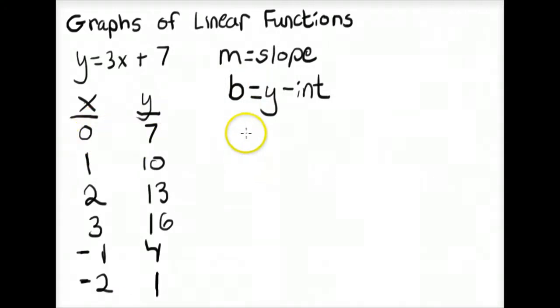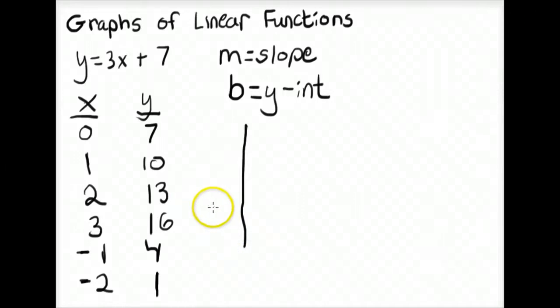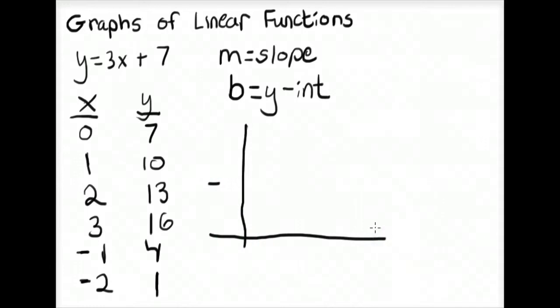And when we plugged in x equals 0, we got 7 for y. So now graphing this equation, we can plot these points in the table and look at both the slope and the y-intercept from the original function to draw the graph.